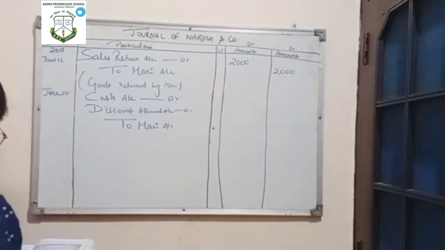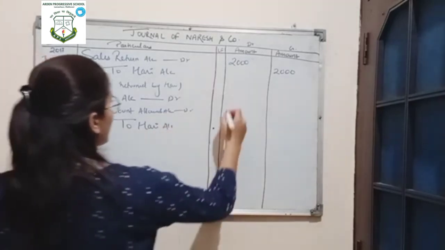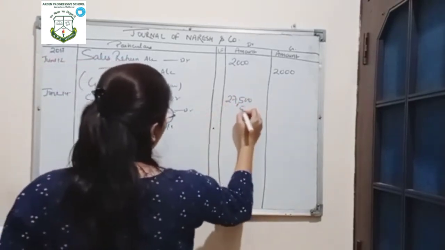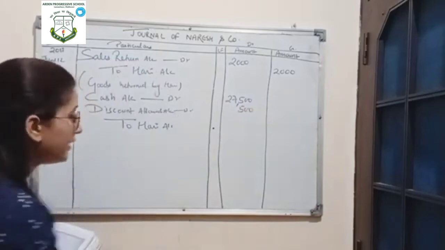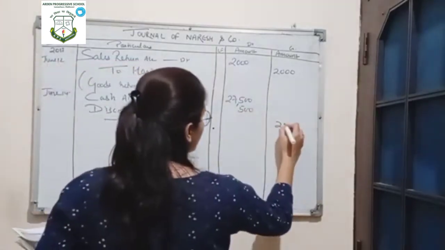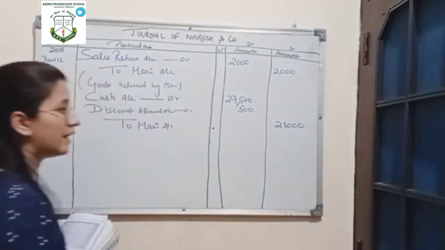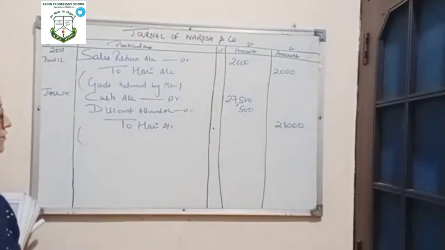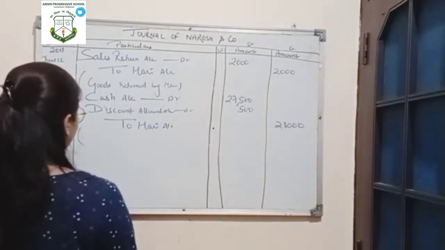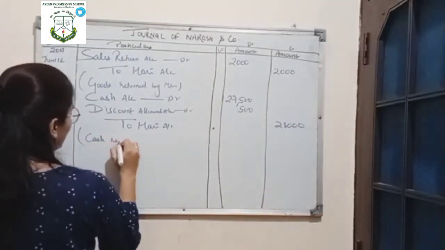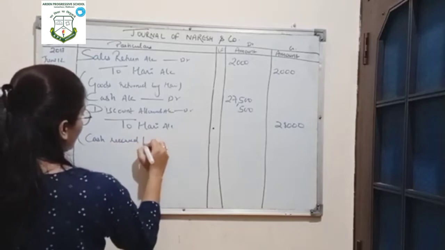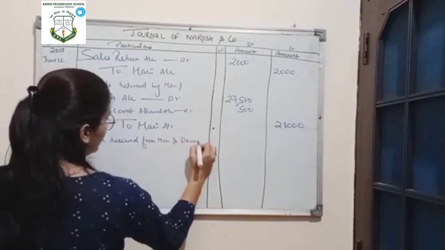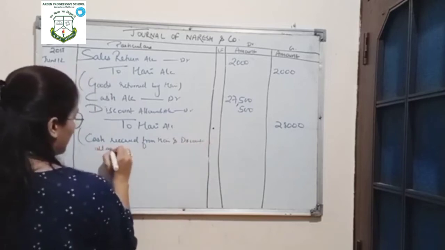Now here the amount of cash received from Hari is 27,500 and we have allowed a discount of 500 to Hari. Hari was supposed to pay 28,000. So the narration for such an entry will be: cash received from Hari and discount allowed.